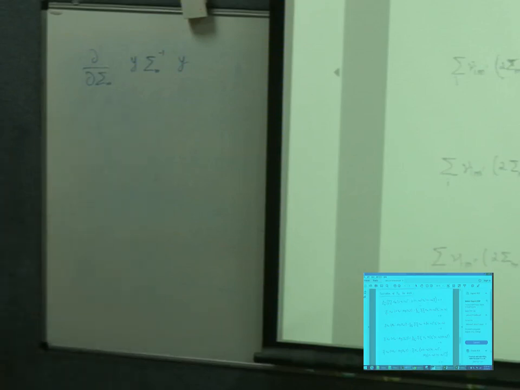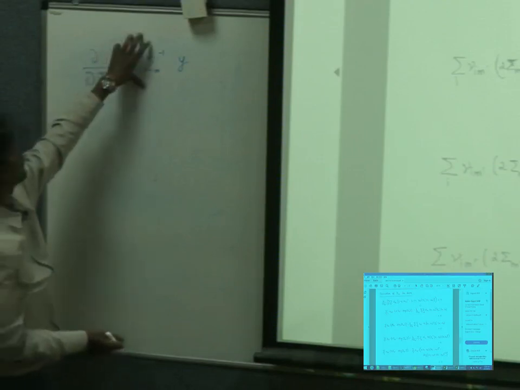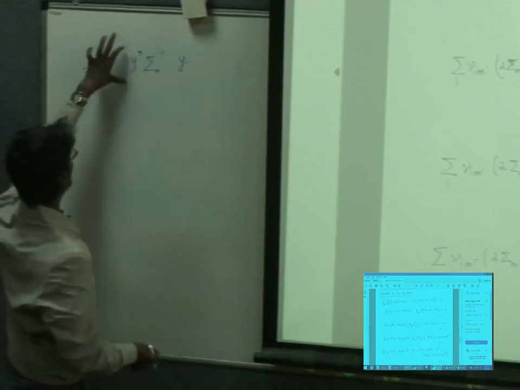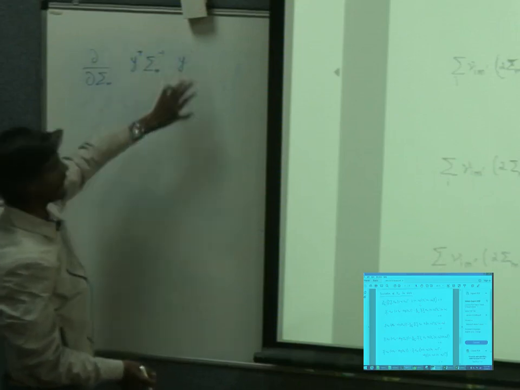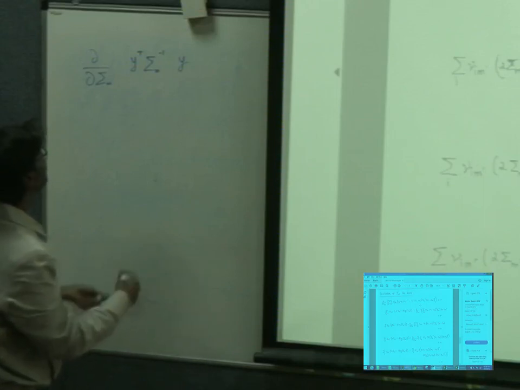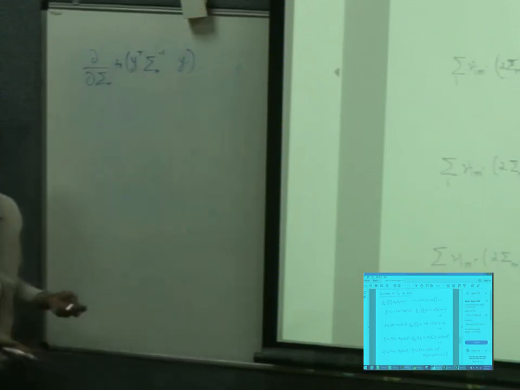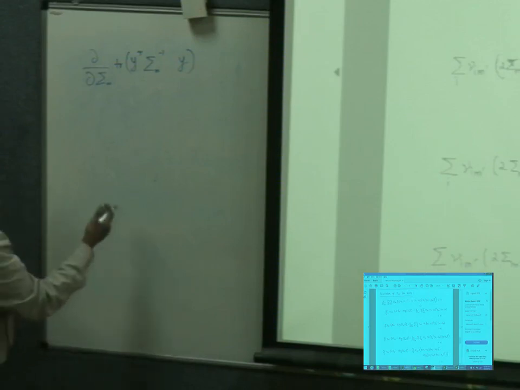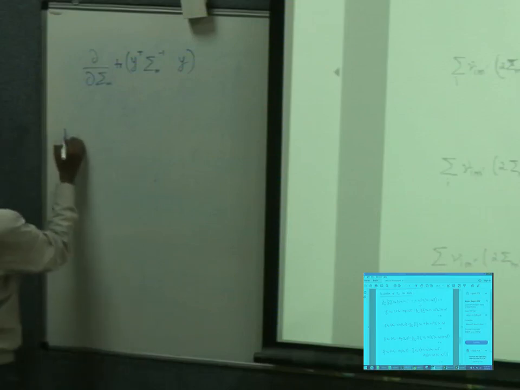Sorry, this is a transpose, right? So what is this quantity? This is a vector transpose, a matrix, and a column vector. This is a row vector multiplied by a matrix and a column vector, so this will give you a single value. So it's a scalar, and even if you add the trace of this, it doesn't make any difference. And you know the property of trace, right?